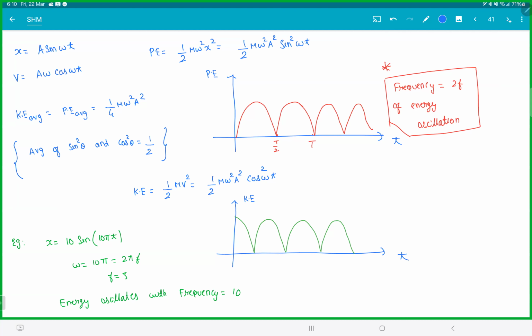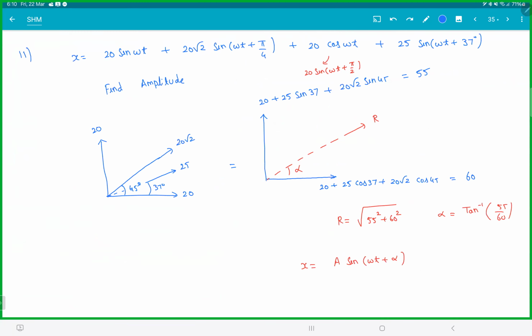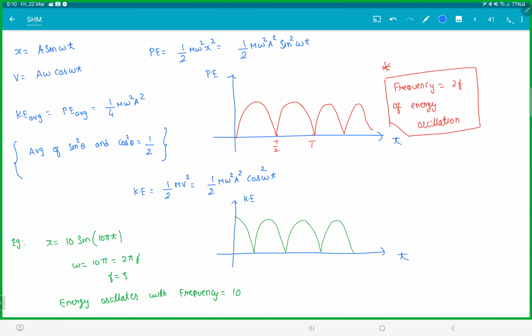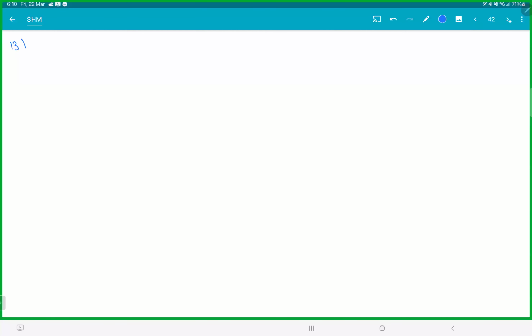Any doubts on this page? So we have a system. U of x is x square minus 14x plus 50. Mass is 2 kg. This is your potential energy. The total energy of the system is 50 joules.